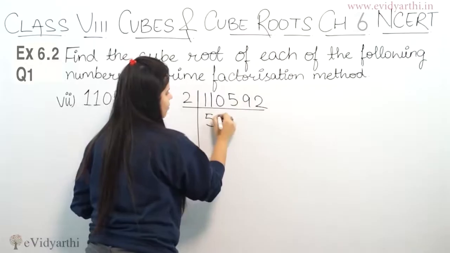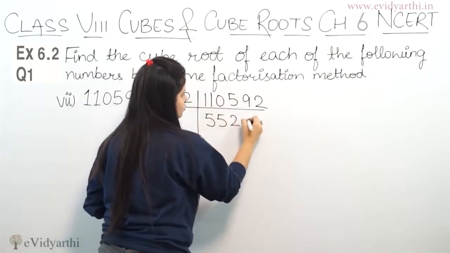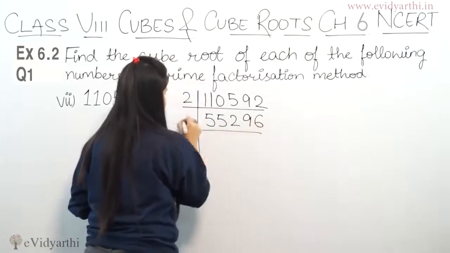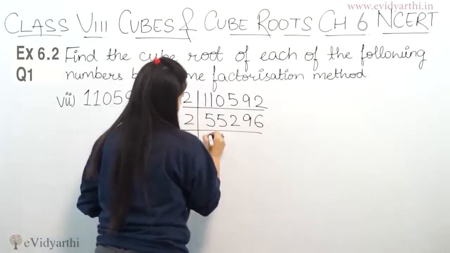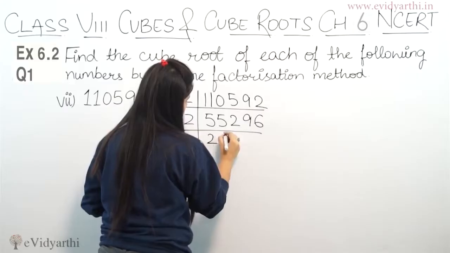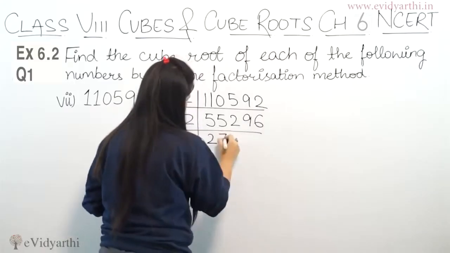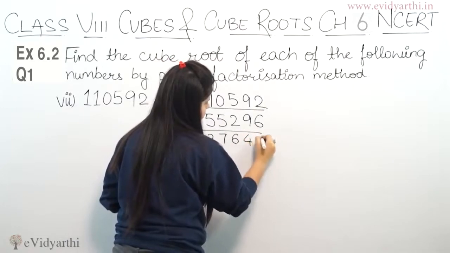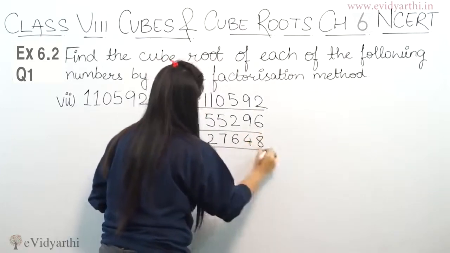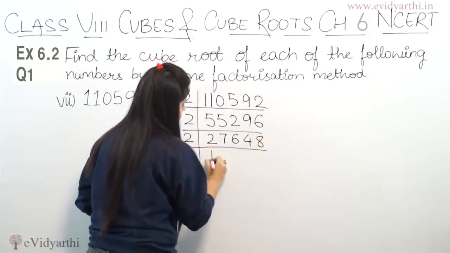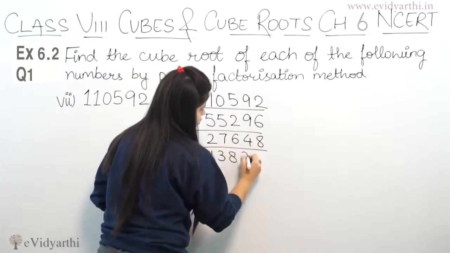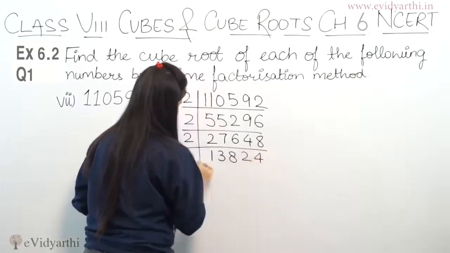This will be 55296. Again with 2, we'll get 27648. Again with 2, 13824.